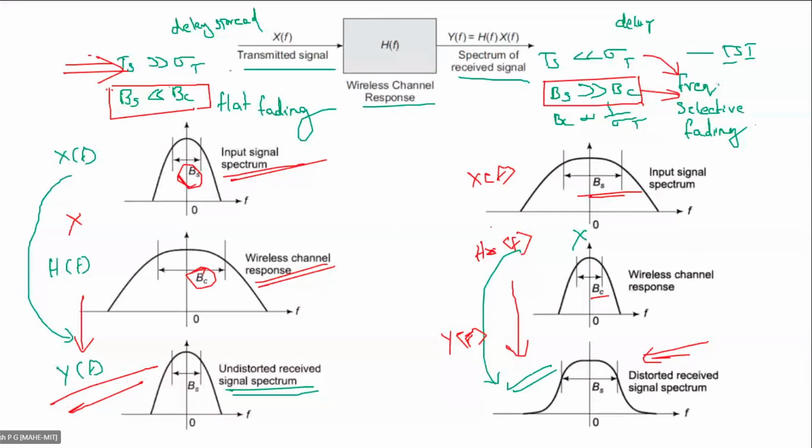See, if you see this diagram of frequency selective fading, you are transmitting x of f, and if you see y of f, it is not the same. It is not x of f, right? Some change has happened, so you need to equalize it. You have seen equalizers in music players, where you tweak and adjust something, right?